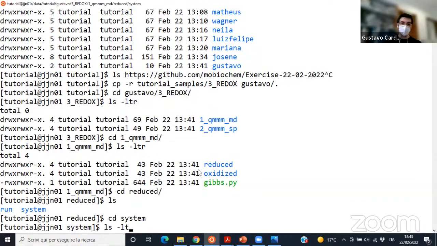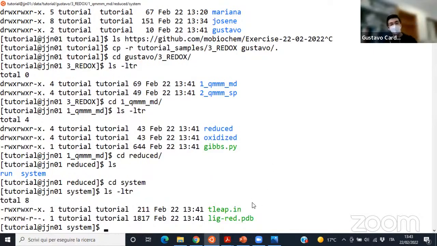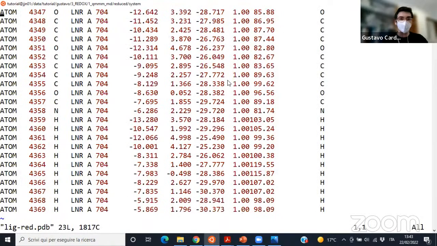Let's see, what do we have here? ls -ltr. So we have the PDB file of the reduced species. This is the exact one that we used in Vita's tutorial last Tuesday. The only thing I changed was the atom names. But apart from that, it's pretty much the exact same file.